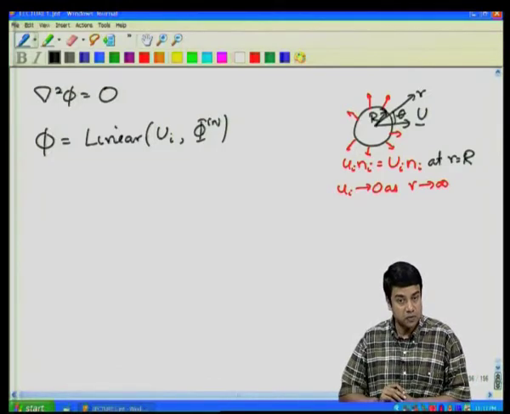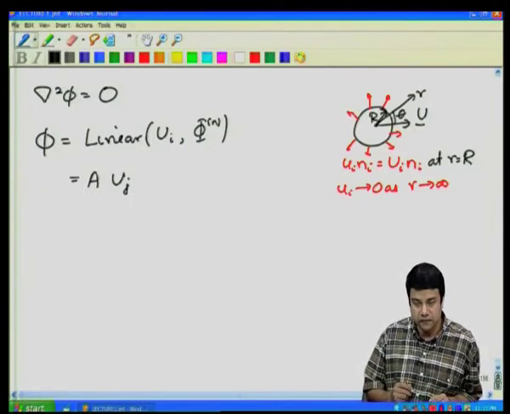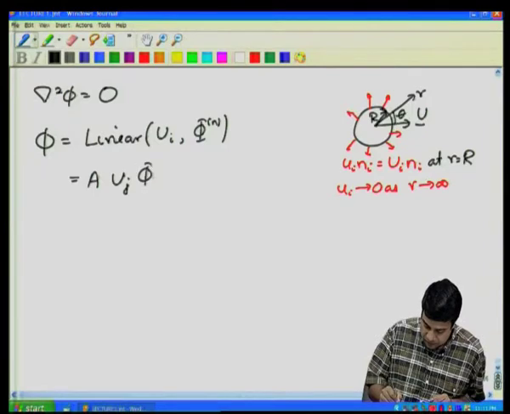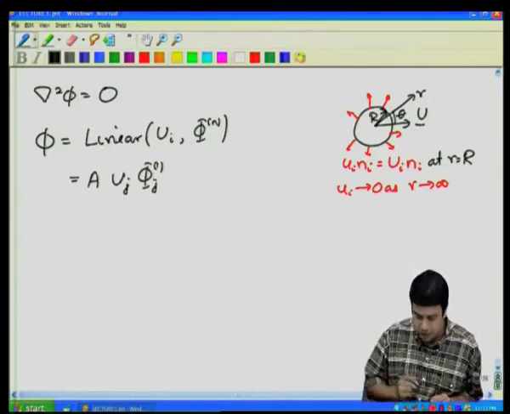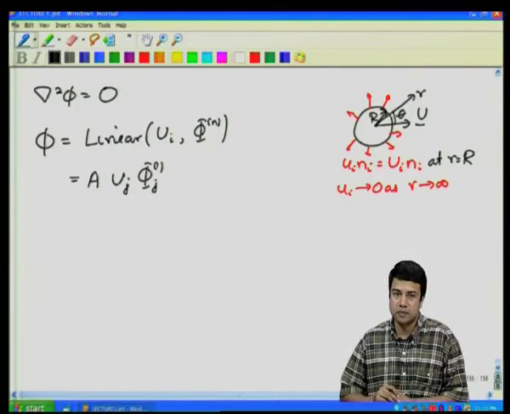The only way to get a potential that is linear in the velocity of the sphere as well as one of the harmonics is to multiply it by A and dot the velocity vector with the first vector spherical harmonic, where A is some constant which will be determined from the boundary conditions. So, since this vector spherical harmonic dotted with capital U gives you a scalar, this is the only possible solution.